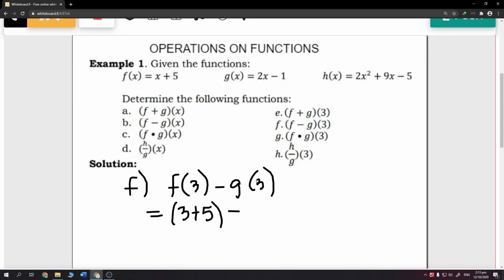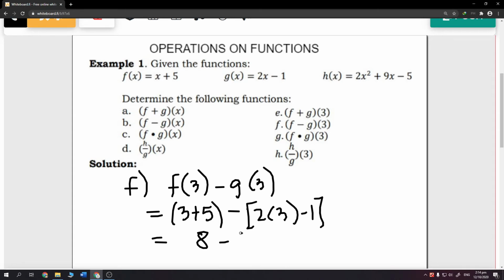So we have to substitute 3. So we have 2 times 3 minus 1. So we have here 8.